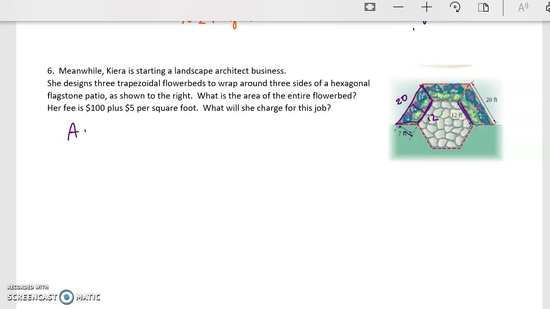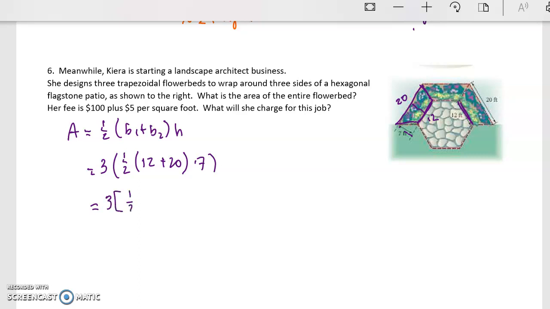So the area of 1 trapezoid is 1/2 B1 plus B2 times height, and then we have 3 of them. So 12 plus 20 times 7. So it's 3 times half of 32 times 7.